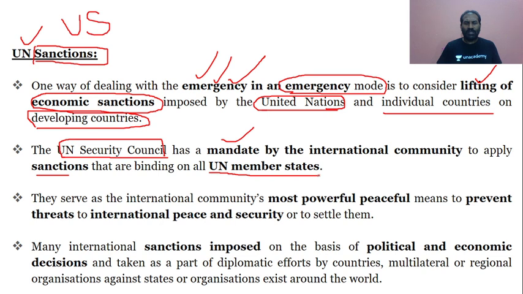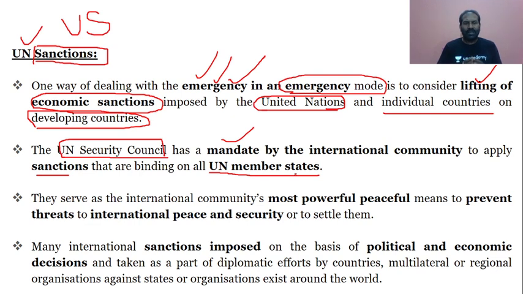That means once the Security Council decides that a sanction has to be applied to country X, that decision is binding on all member states. Almost all 193 countries have to abide by the UNSC mandate.